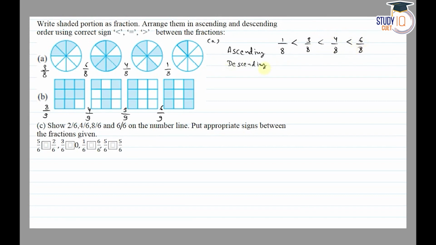Then descending order means decreasing order, first the bigger number then the smaller. So first comes 6 by 8 is greater than 4 by 8 is greater than 3 by 8 is greater than 1 by 8.